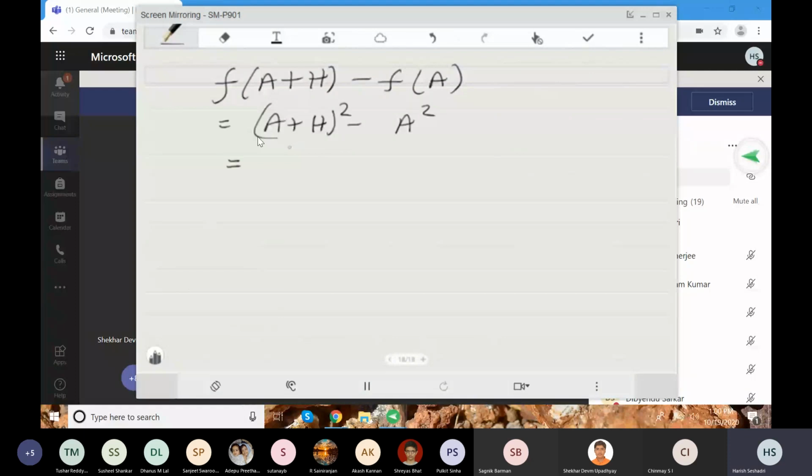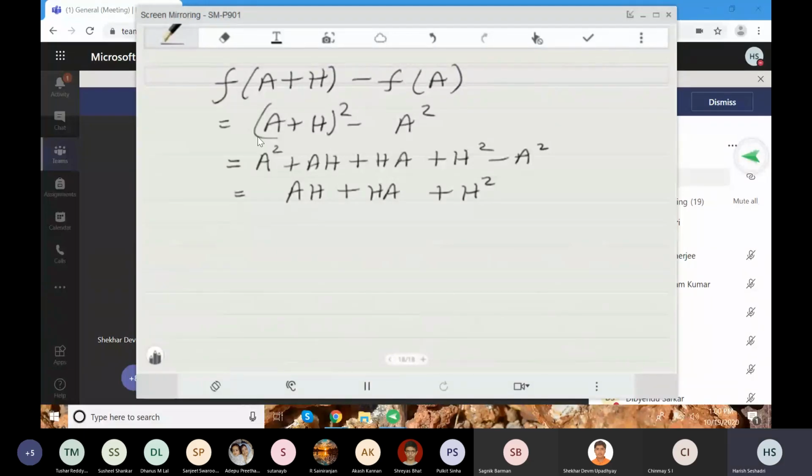It's not commutative. So you'll get a squared plus ah plus ha plus h squared minus a squared. So a squared cancels out. I'm left with ah plus ha plus h squared. And this is true for any h. A is fixed. So for any h, I have this.